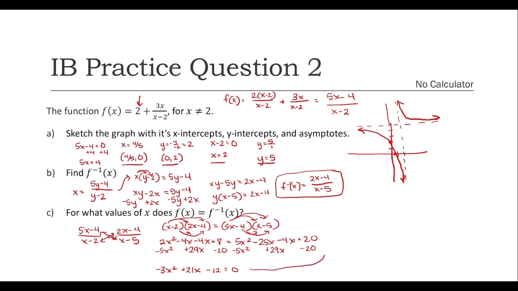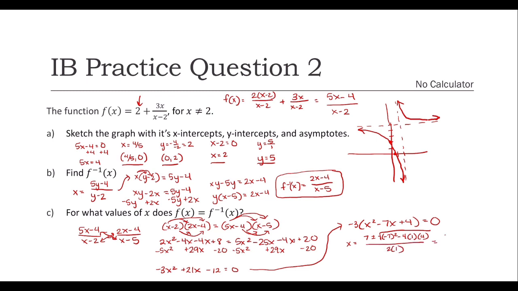We'll factor out a negative 3, so we'll get negative 3 times x squared minus 7x plus 4 equals 0. We can't factor it, so we'll use our quadratic formula. So it'll be x equals negative b, so negative negative 7, so positive 7, plus or minus the square root of b squared minus 4 times a times c all over 2 times a.